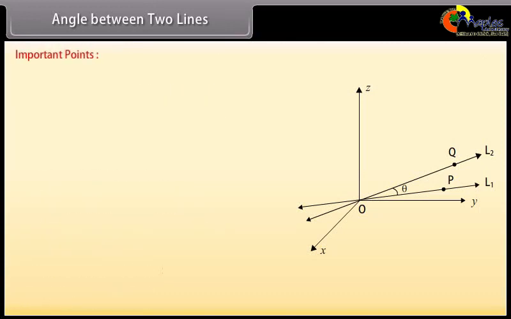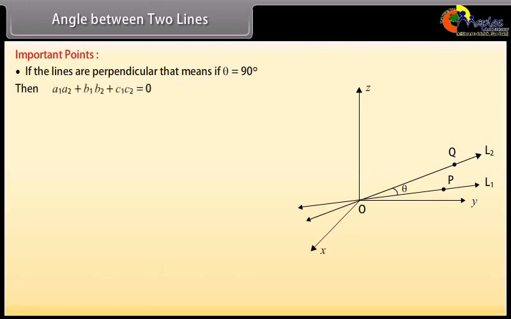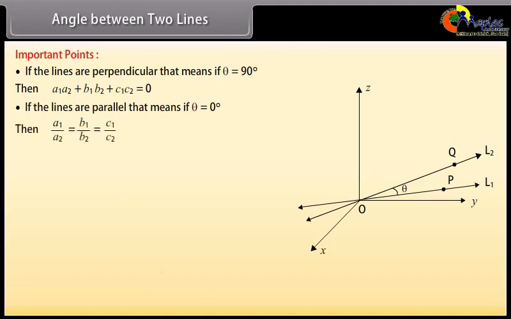Important points. If the lines are perpendicular, that means if theta is equal to 90 degrees, then A1 A2 plus B1 B2 plus C1 C2 equals 0. If the lines are parallel, that means if theta is equal to 0 degrees, then A1 by A2 equals B1 by B2 equals C1 by C2.